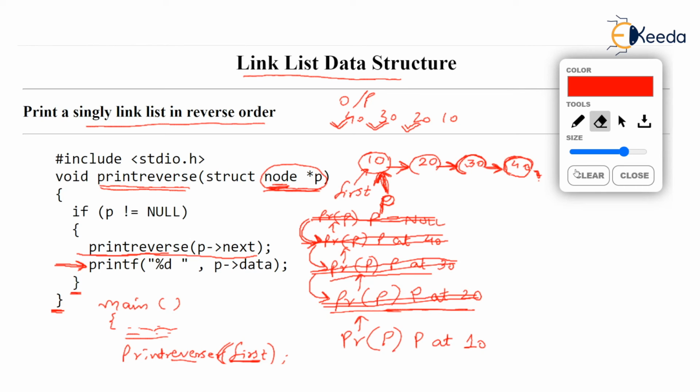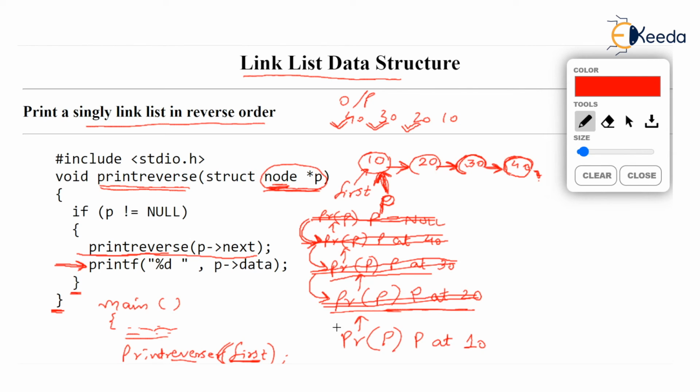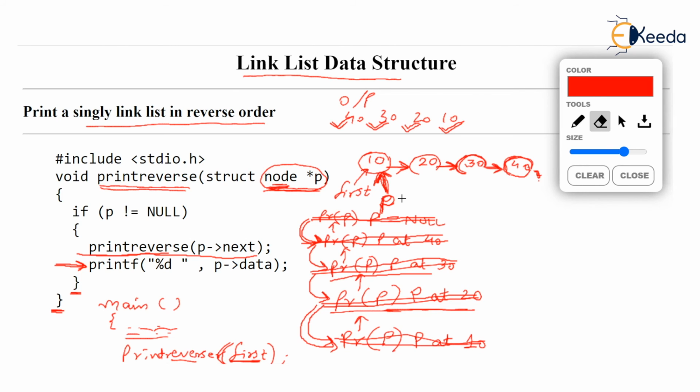And print reverse 10 resumes. If print reverse 10 resumes, it will resume with its printf. And it will print 10. And after printing 10, there is nothing pending in print reverse. So the function will come to an end. After the function ends, the p, local parameter, is destroyed.